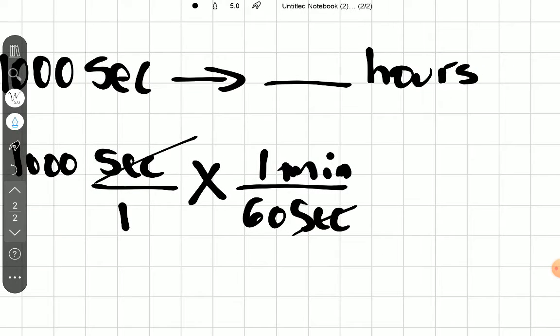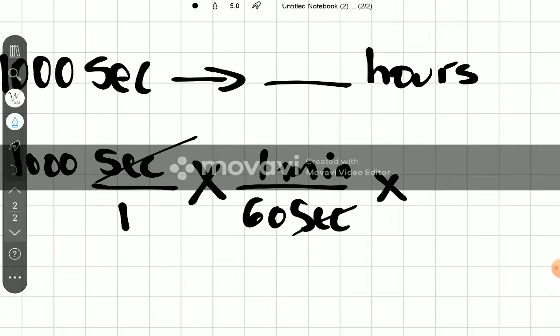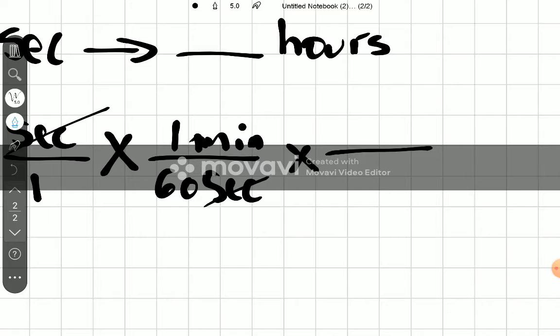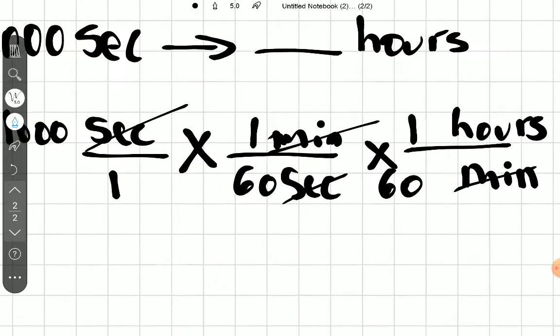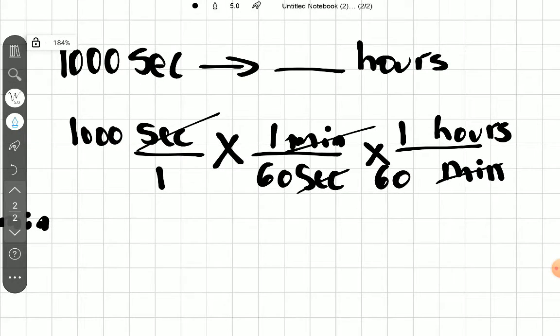And then now, because we don't want minutes, we want hours, we want to actually cancel out the minutes. So we're going to put that at the bottom. There we go. And we want hours, so we're going to write that here. And then in 1 hour, there is 60 minutes, which we know. So now we canceled out everything.